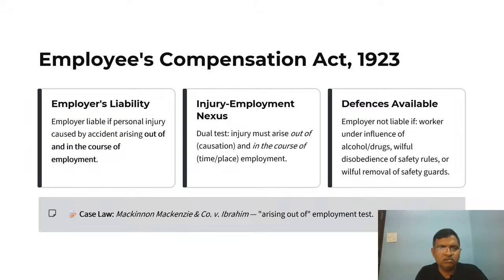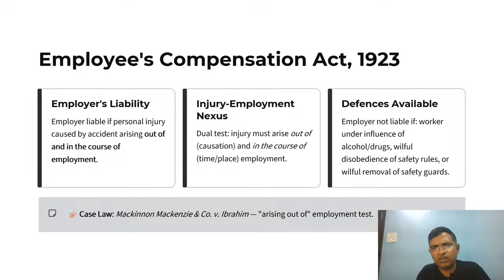So the employer is responsible if an accident takes place during production. Injury-employment nexus, a dual test: the injury must arise out of causation, or in the course of time or place of employment. So what defense is available?